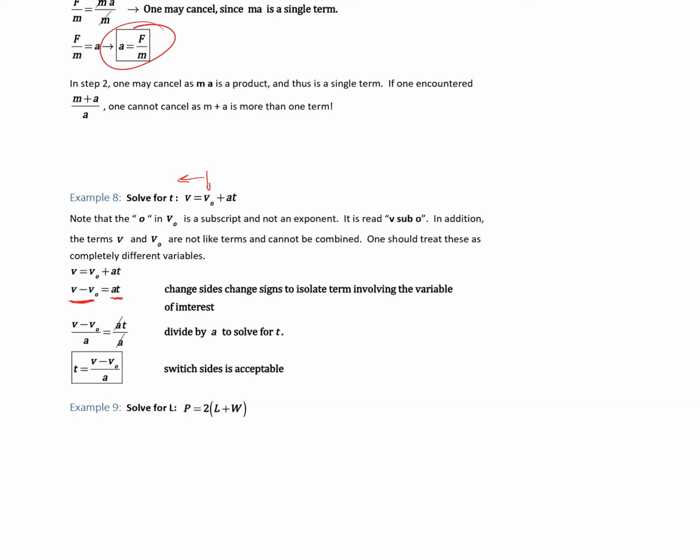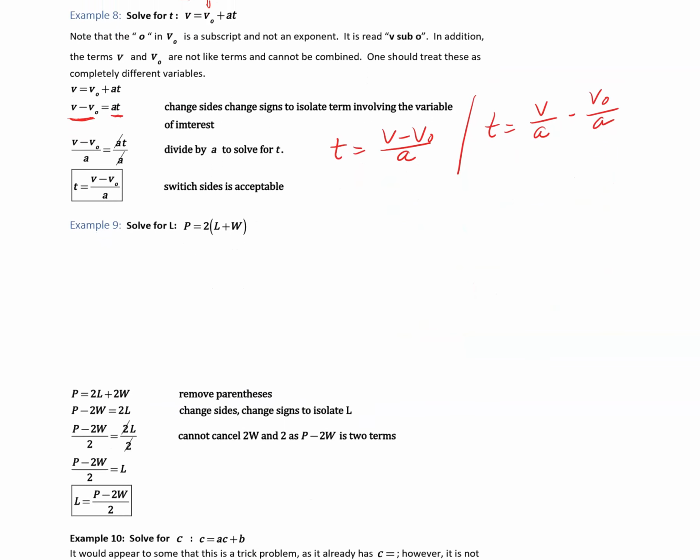Then finally you're dividing by a. So divide both sides by a, and you get t is equal to v minus v0 over a. If for whatever reason you needed to split it up, the denominator goes over both. It would be like that.